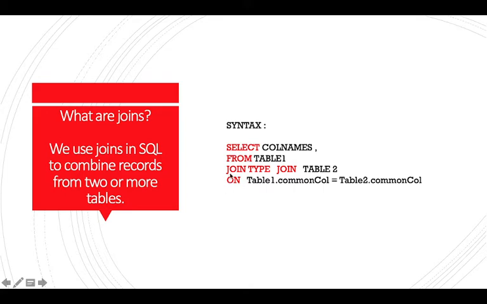This asks you to mention the common grounds on which you are joining two tables. So you'll mention the common column from table 1 dot the name of that common column is equal to table 2 dot the name of that other common column from that table.